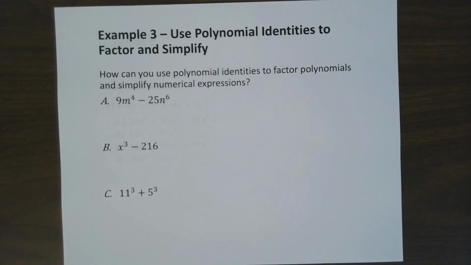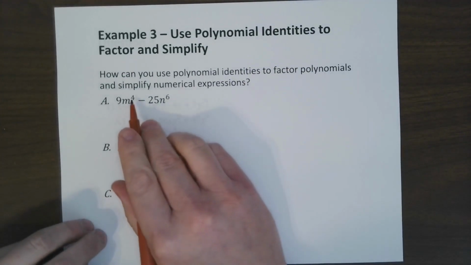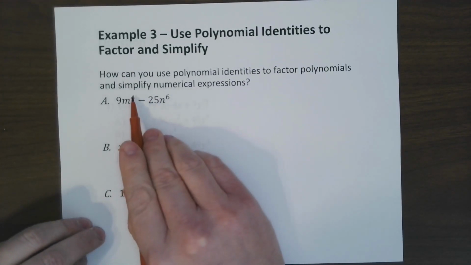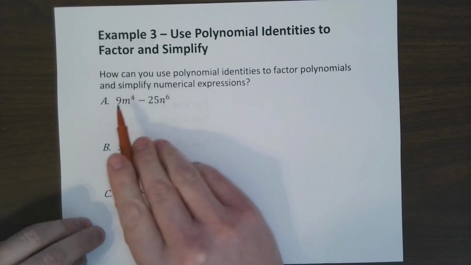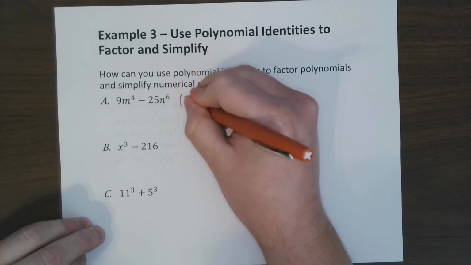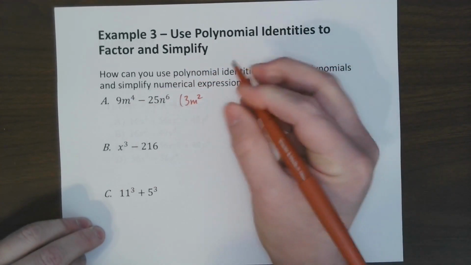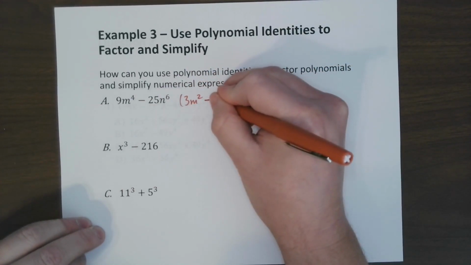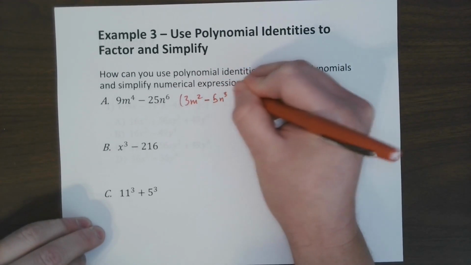Okay, now we're going to use polynomial identities to factor and simplify. So these are the difference of squares, difference of cubes. So if you notice, these are squares. How do you know? Because these exponents are even. 4 and 6 are even, so they're squares. So this one becomes 3m squared minus 5n cubed.